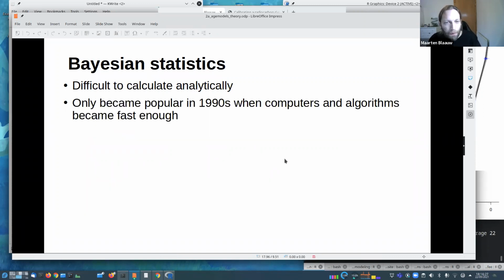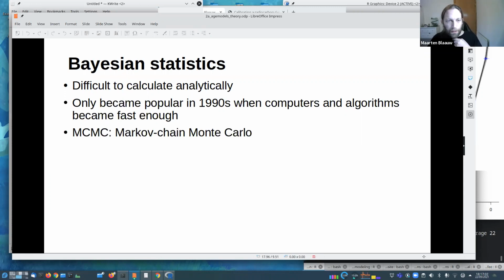It only became popular in the 1990s when Oxcal came out and lots of Bayesian approaches came out, because that's around the time when the Titanic movie came out, when personal computers became fast enough, and algorithms became stable enough and useful enough to start approaching the Bayesian question, not in an analytical way, but through taking many samples.